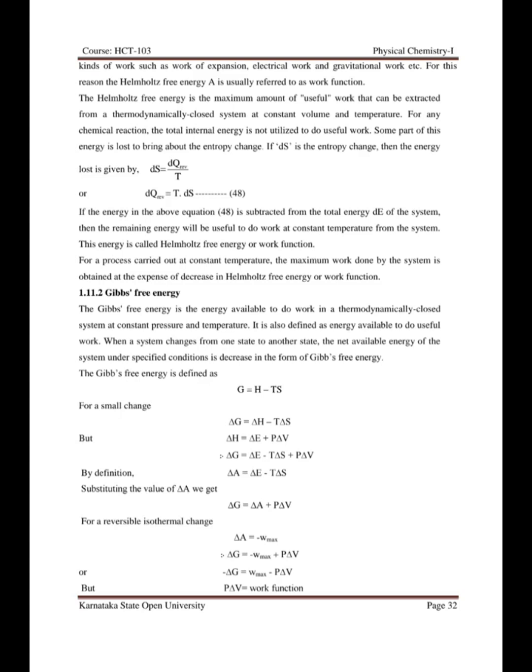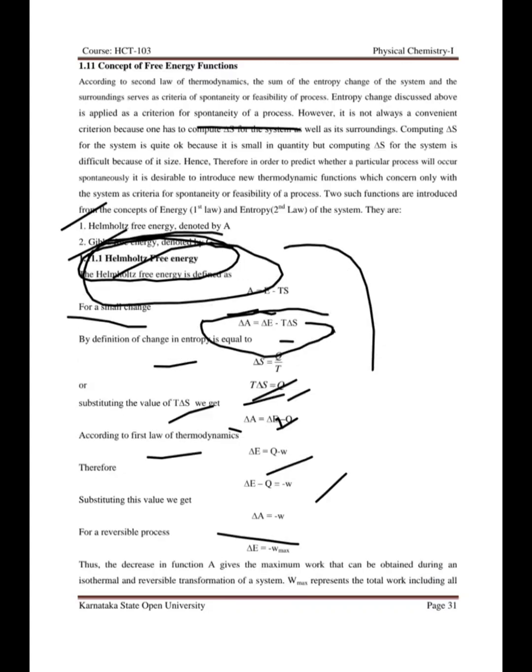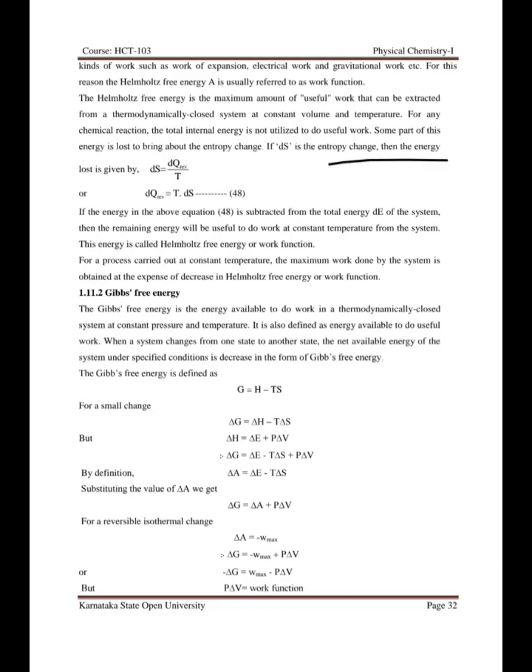And next, the entropy change: the energy lost is given by, if the entropy changes, the energy can be lost. So it can be given by dq is equal to dq reversible, which is T into delta S. That is equation 48. So here the energy is called Helmholtz free energy, or it can also be denoted as work function.